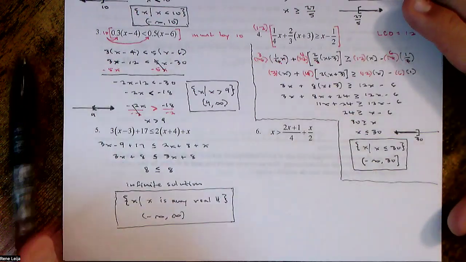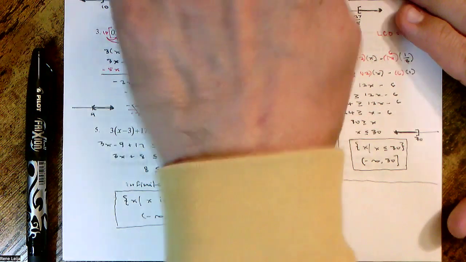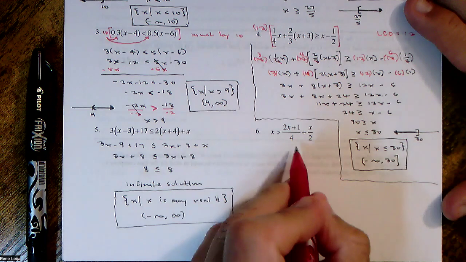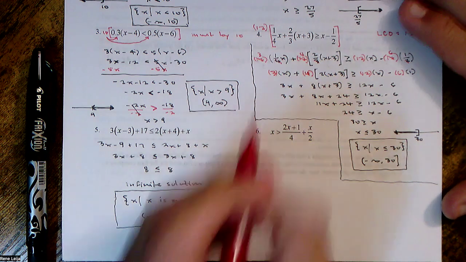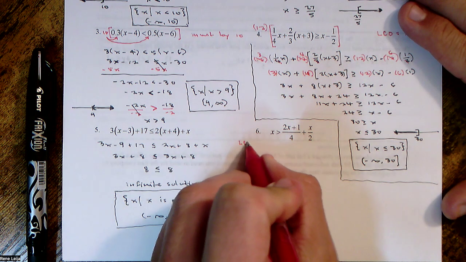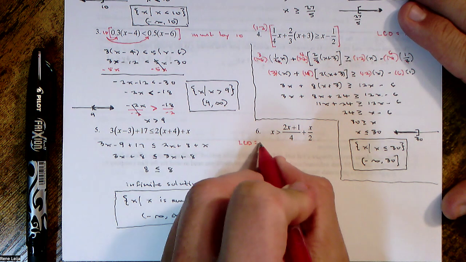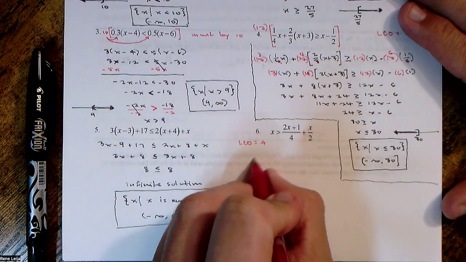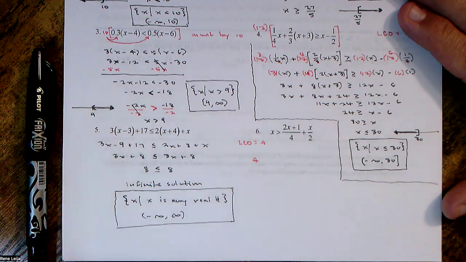Now, we have fractions. Okay, we don't like to deal with fractions. So I have a 4 and a 2. So that means my LCD in this case is going to be a 4 because 4 is a multiple of 2. All right, so again, I'm just going to show every step.